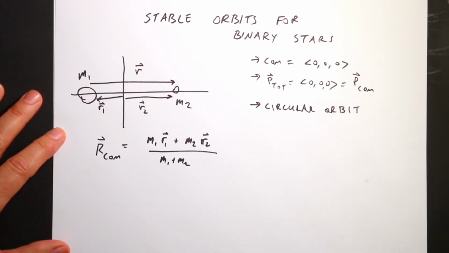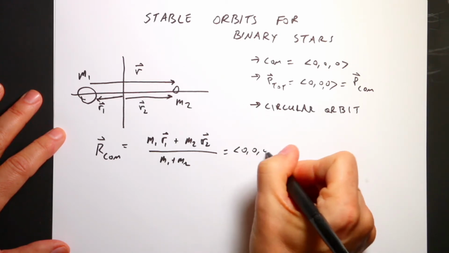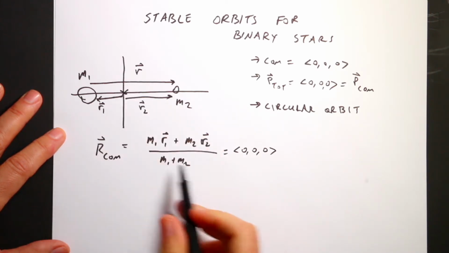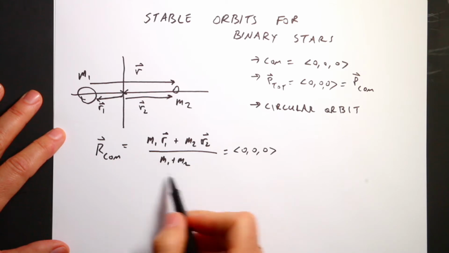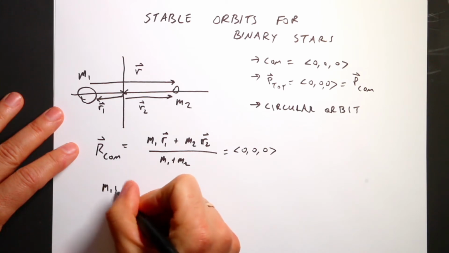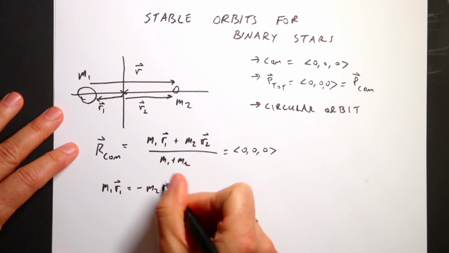Now, let's just go ahead and set this equal to 0. I want it to be at the origin. I want the center of mass to be right there. If that's the case, I can multiply both sides of this equation by the scalar m1 plus m2. That's pretty easy. So then I get m1 r1 equals negative m2 r2.